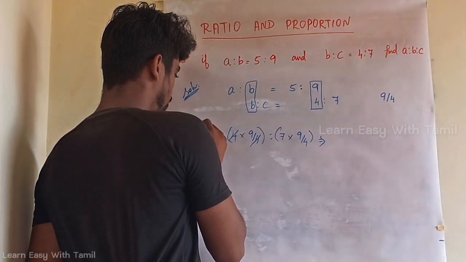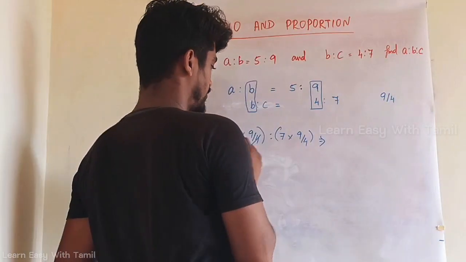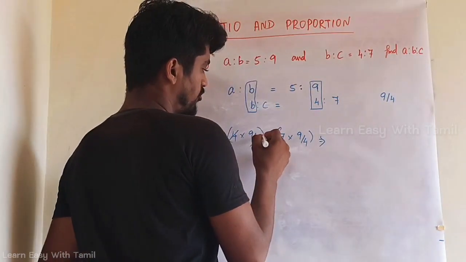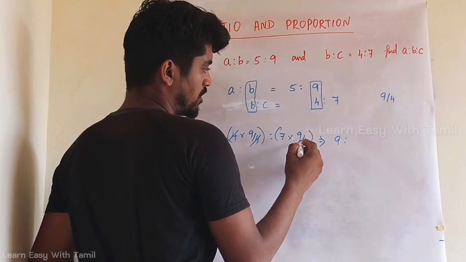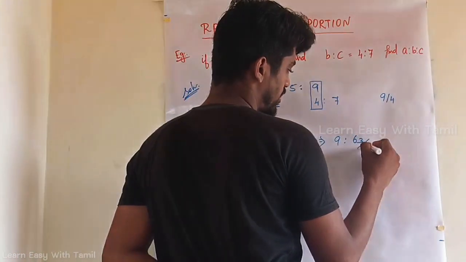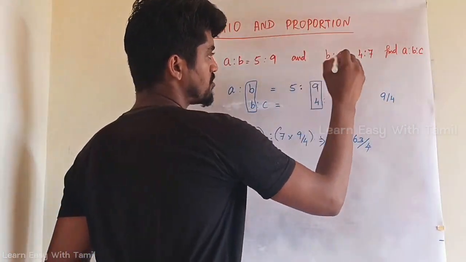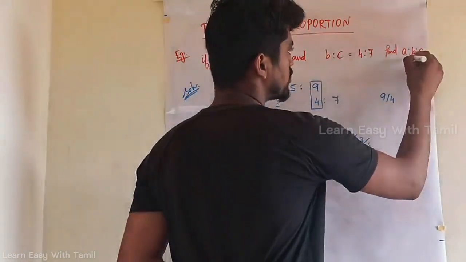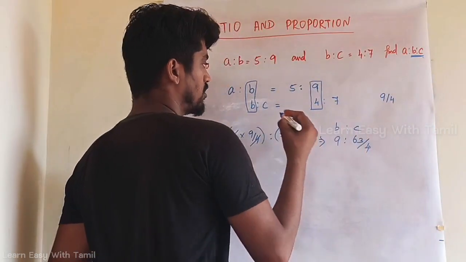Now we are going to find the B is to C value merged with B. Okay. Here 4 and 4 get cancelled. 9 is to 63 divided by 4. Now we found the B is to C value in the A is to B is to C ratio. This is B is to C.